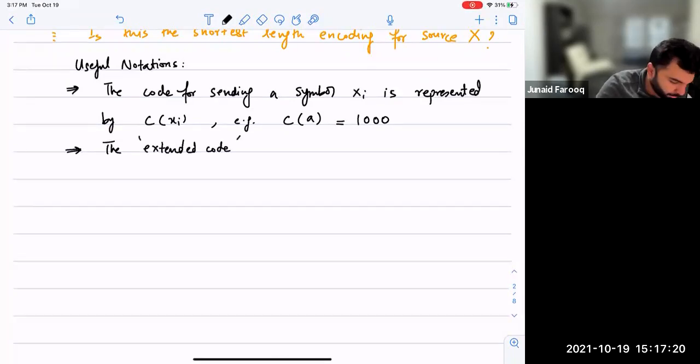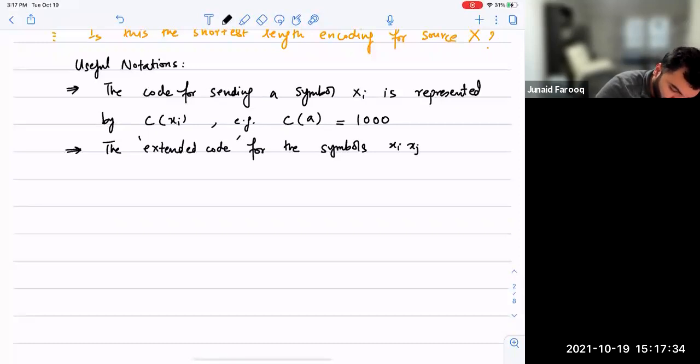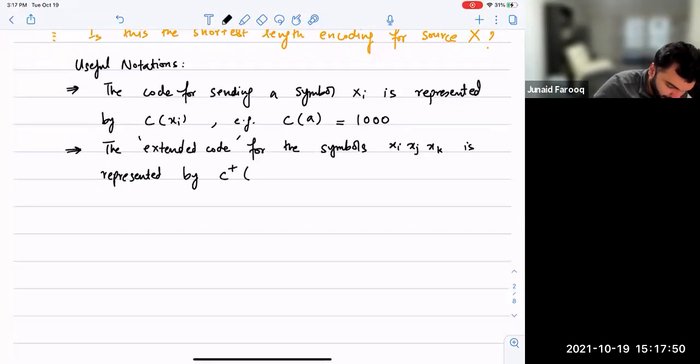So the extended code for the symbols xi, xj, xk is represented by C plus, which is C concatenated of xi, xj, xk.